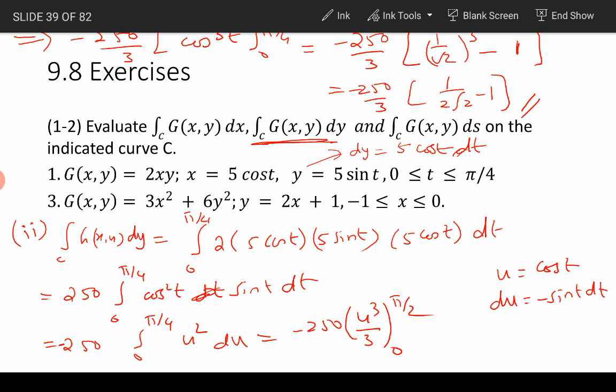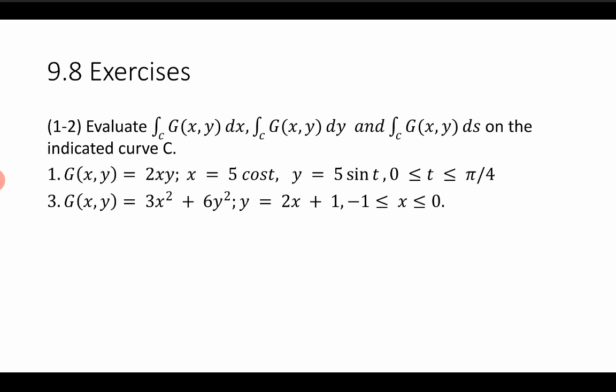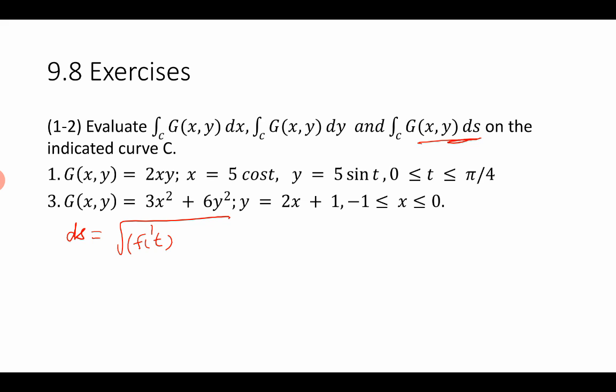Third is about ds. This one with respect to ds, and you should know what is ds. Root of f dash of t whole square plus g dash of t whole square times dt. This x is f of t, isn't it? Y is g of t. So we have to find x dash and y dash squares.